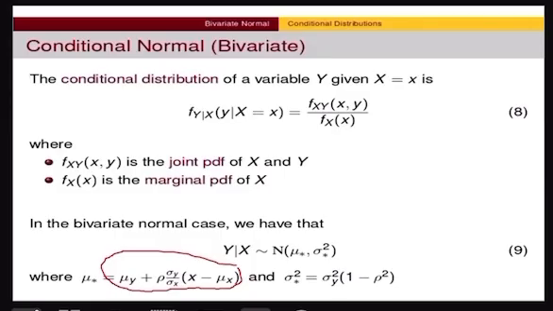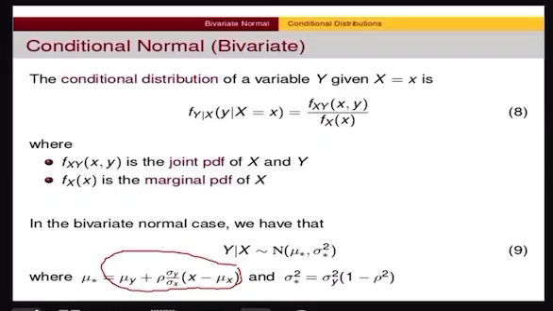Mu y plus rho, sigma y over sigma x, times x minus mu of x. And of course, since this is an average, I need the variance too. That variance is called the conditional variance.